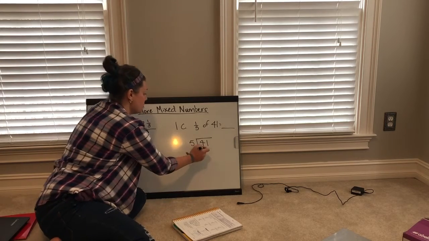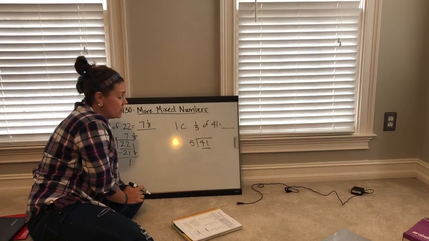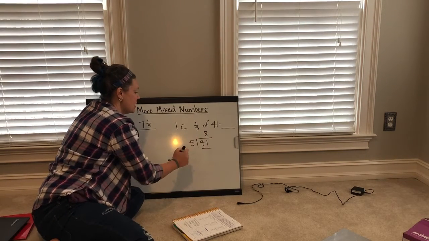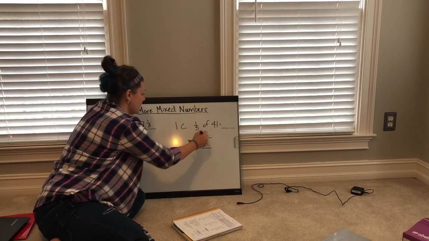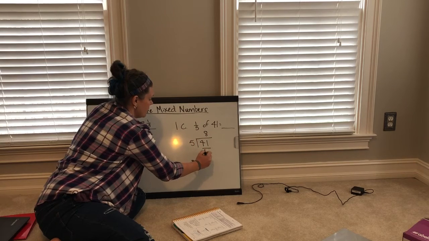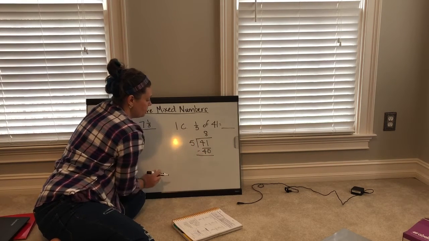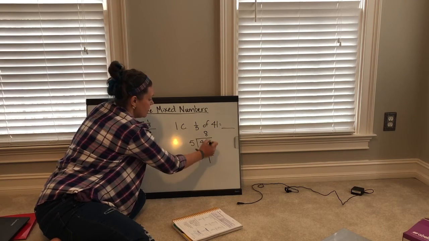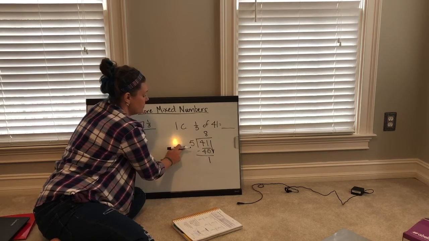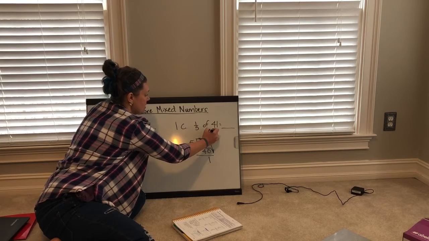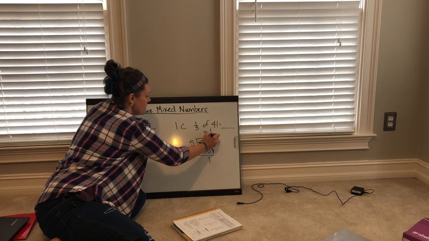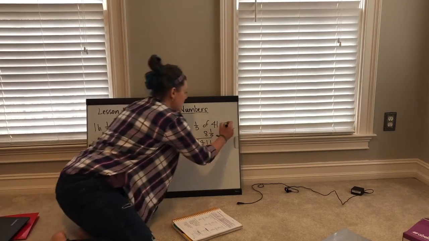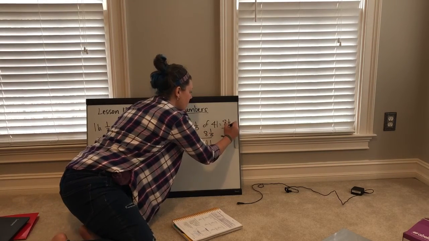I know that 4 is too small, so I'm going to look at the whole 41, do short division. 5 times 8 is 40. 5 times 9 is 45, too big, so I'm staying at 5 times 8. That's 40, close enough. 41 minus 40 is 1. I have nothing left to bring down, and 1 is definitely smaller than 5, so I'm okay. So I'm going to put my remainder as my numerator, and the number I divided by as my denominator. So this is 8 and 1/5.